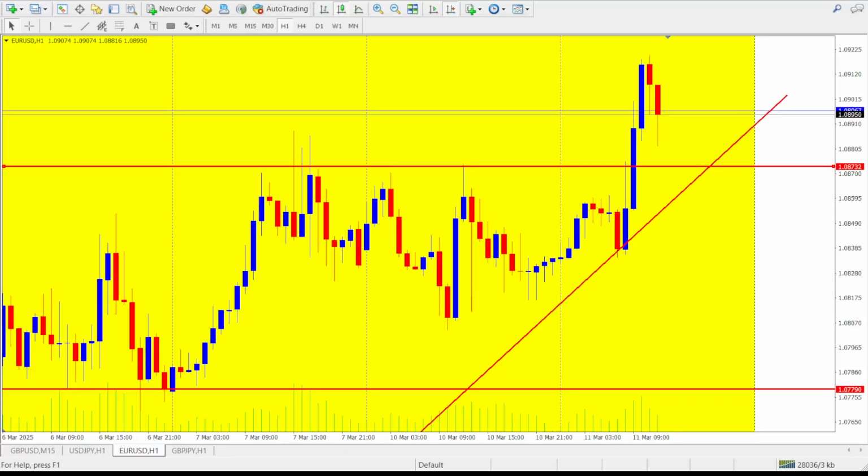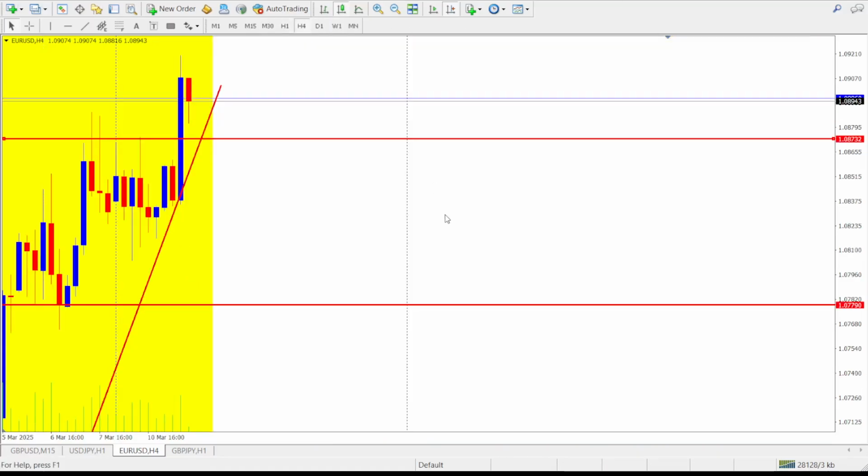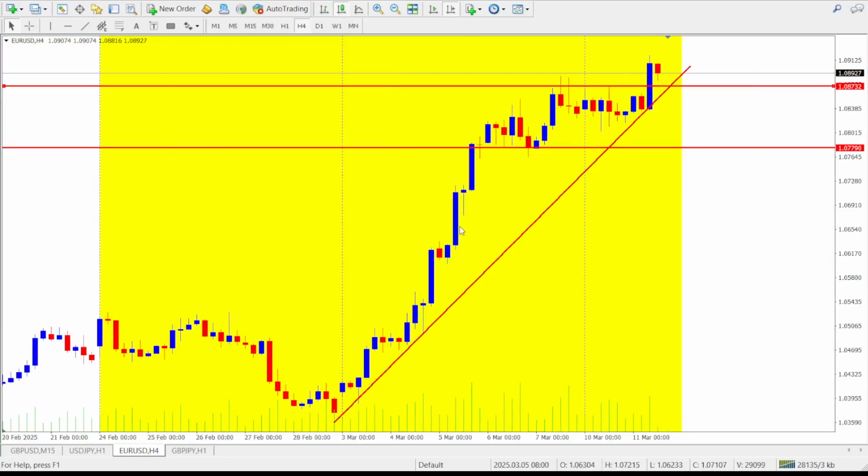Now, with all this power comes responsibility, and that means managing your risk effectively. So here are a few tips for using multi-time frame analysis while protecting your capital. The first is using stop loss orders. Place your stops just beyond key levels of support or resistance on the higher time frame. This gives you more room for the trade to breathe without risking too much. And then ensure that you adjust your position size.